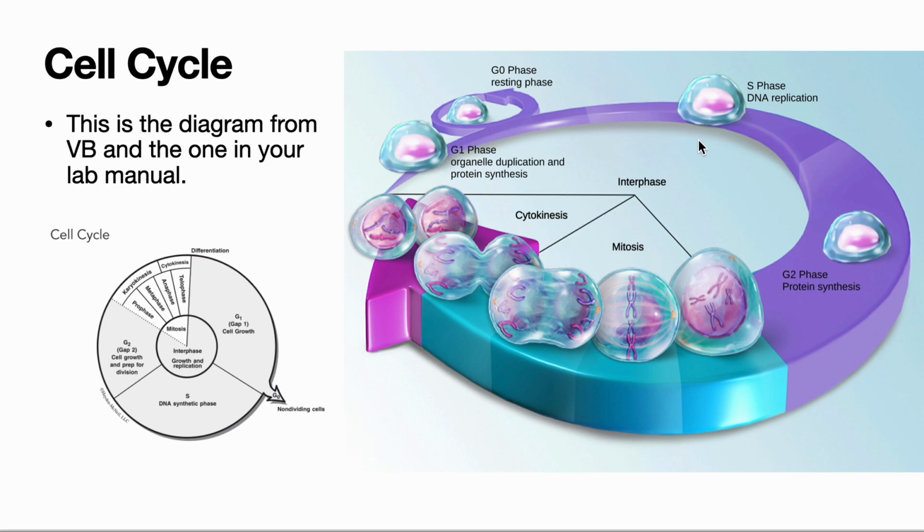So every one of your 46 chromosomes will get copied during S phase, so that by the end of S phase, we will have 92 chromosomes inside that cell. And then the cell will enter G2, which is a phase where it will continue to grow if it needs to, make any more organelles if it needs to.